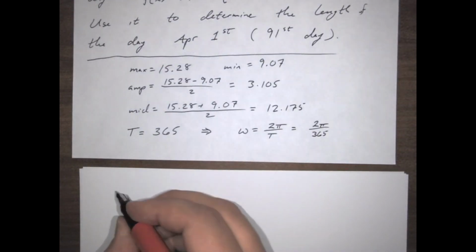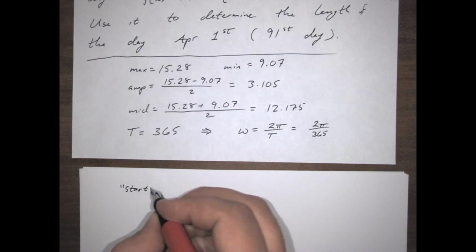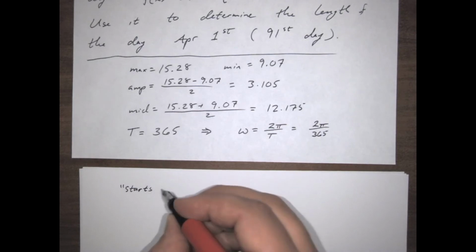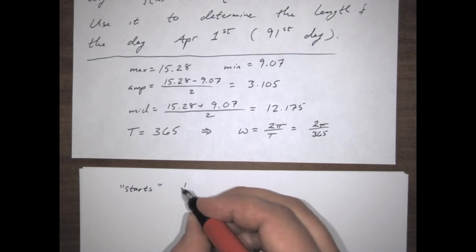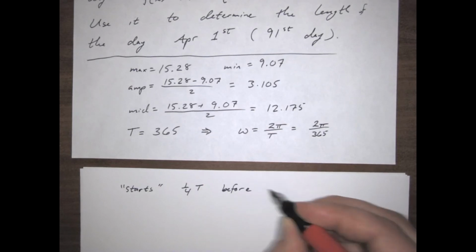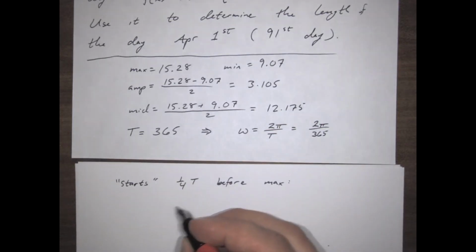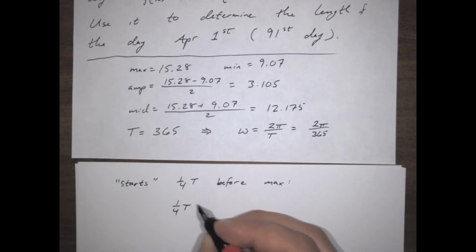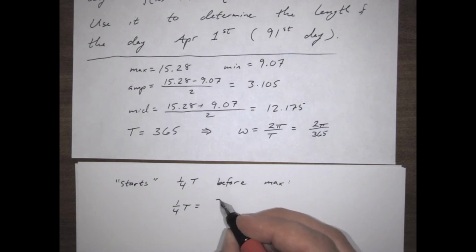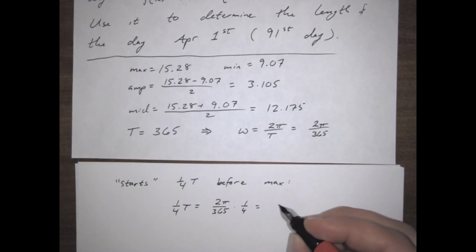Okay, so let's see. So it starts 1/4 period before the max. So let's just figure out what that is. So 1/4 T is going to be 2 pi over 365 times 1/4.